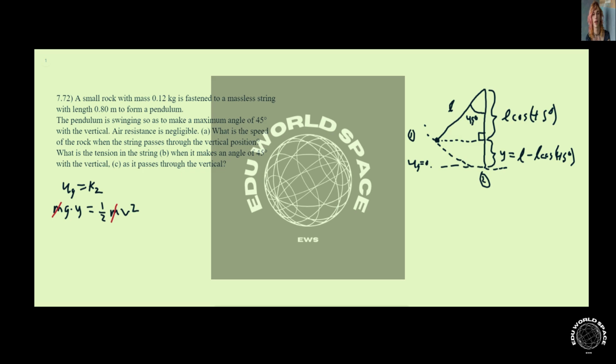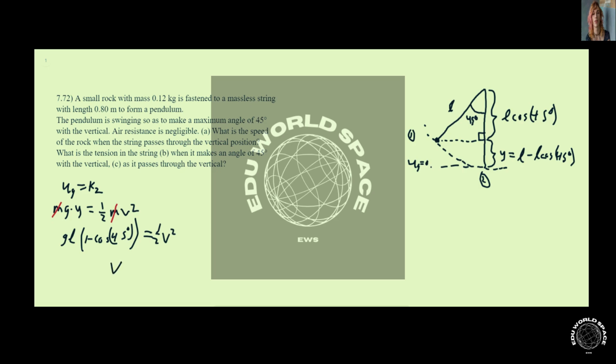Okay, so then I can substitute that in for y. So I have g times L, I can immediately just pull that out, and I have 1 minus cosine of 45 degrees. And that's going to equal 1/2 velocity squared.